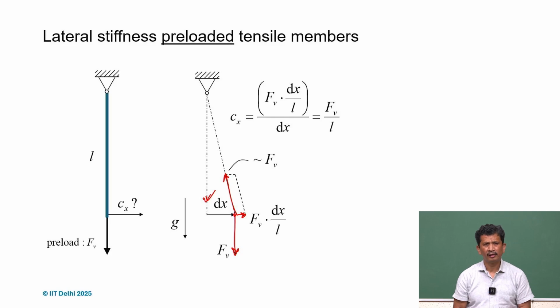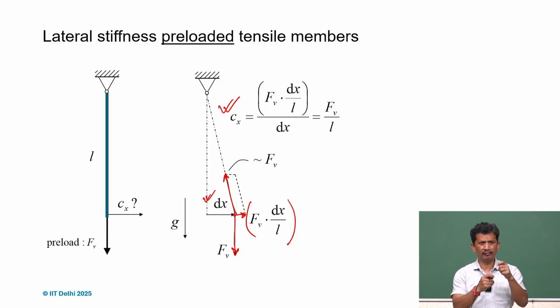For a very small angle, if we do the force equilibrium and try to calculate, we realize that in the Fx direction, this is the force required to give that displacement dx. If we try to calculate the stiffness, we can imagine the link is stretched with a tensile load FB acting downwards, and we try to pull, we can feel the stiffness.